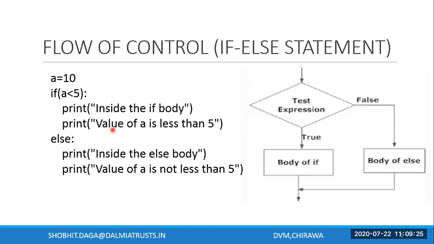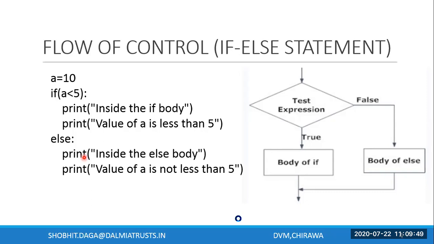Once you print this line, value of a is less than 5, then we will not print the two statements in the else body, value of a is not less than 5. These two statements will not be executed. So either this or this. If not this, then only this.